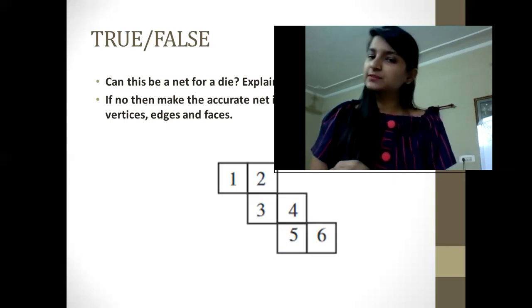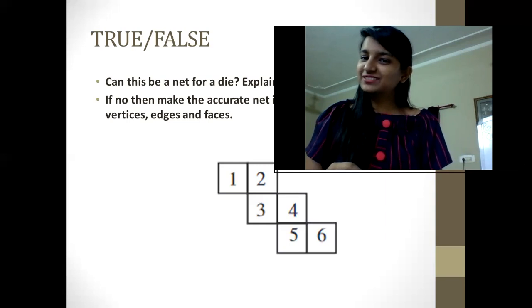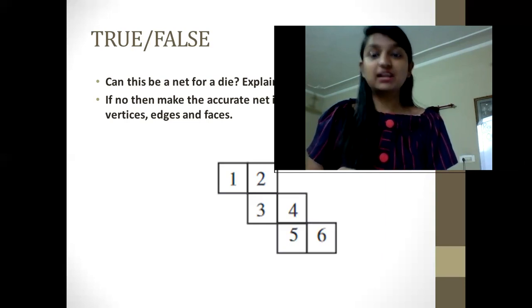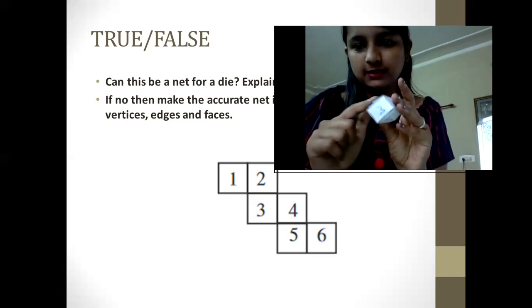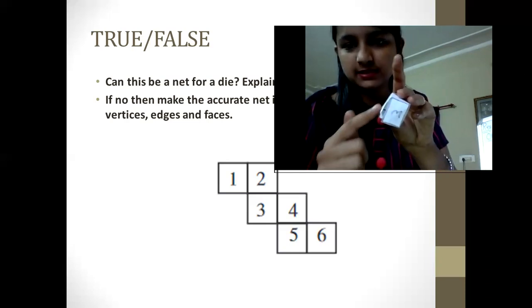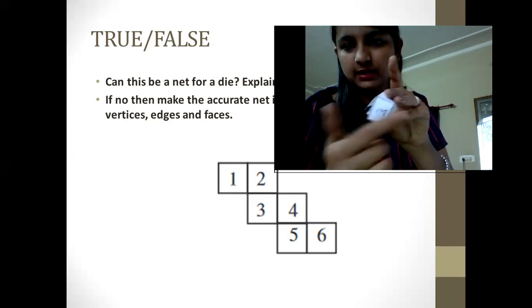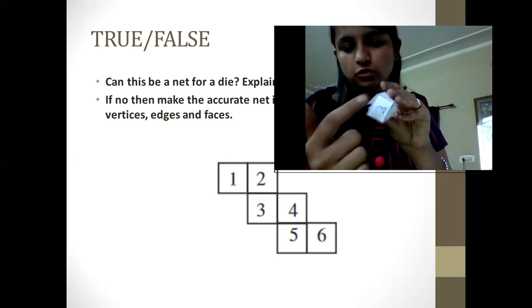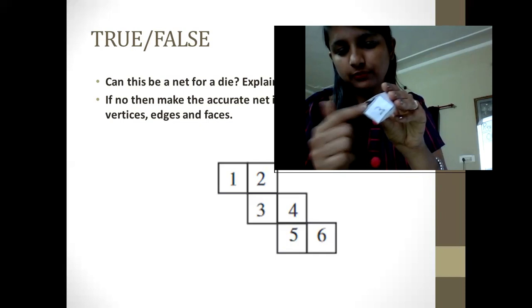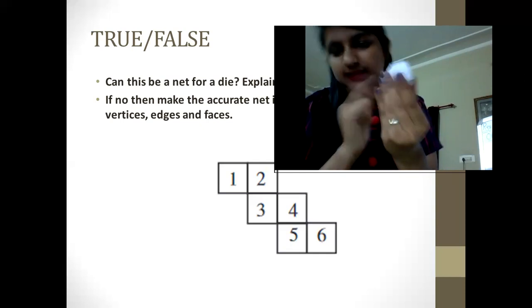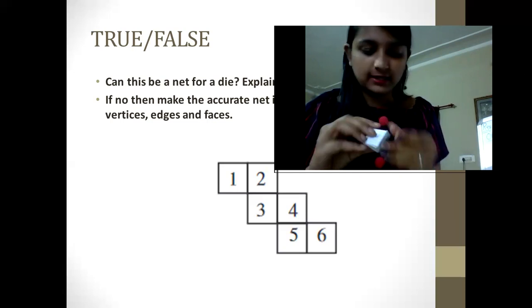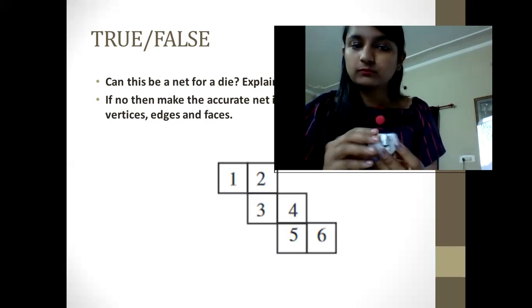What were edges? Yes, students? Edges were, we could say, the line segments of the solid shape, like these. This is a line, this is again a line segment. So 1 2 3 4 5 6 7 8. Yes, 8. So 8 is the final answer there for the edges as well.